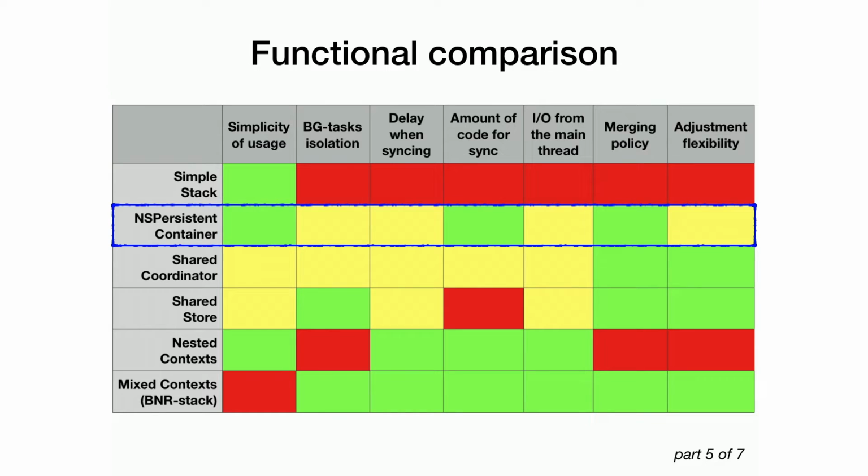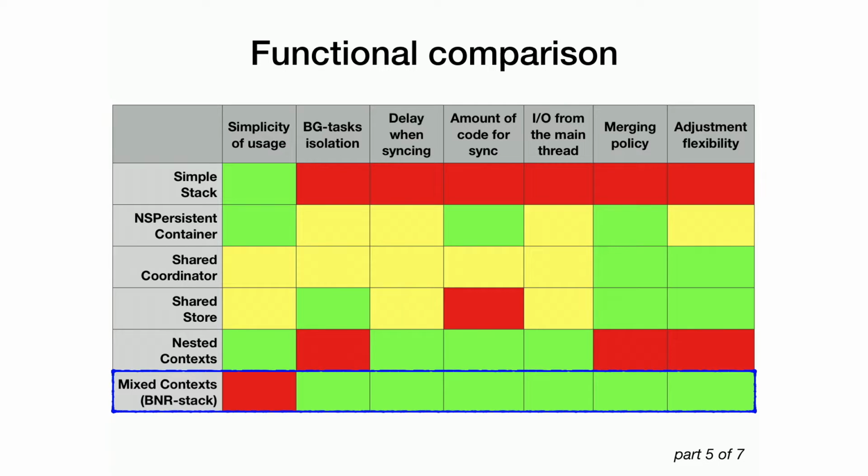We can see that NSPersistentContainer is pretty much a good option. It doesn't have any red squares, and the yellow ones are not so significant. Maybe just the delay when syncing the context, which I talked about. And we have the mixed context, which is all green, but the complexity can be quite a significant disadvantage.